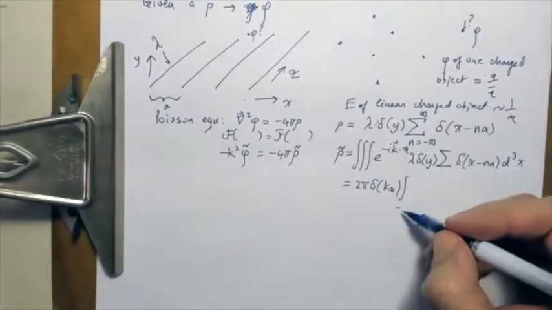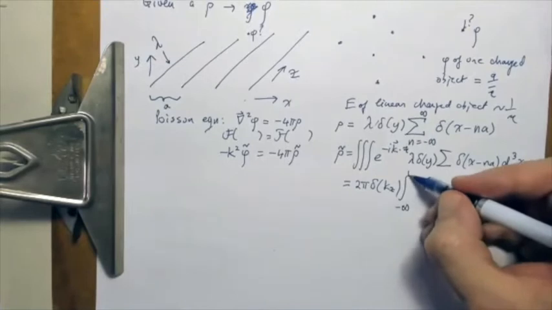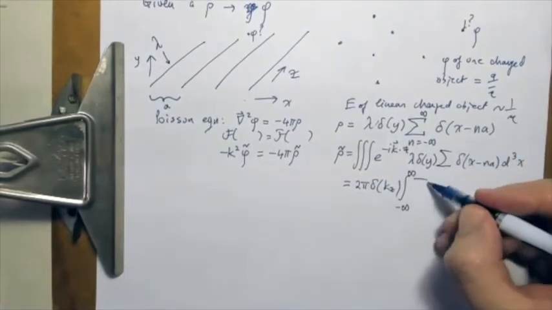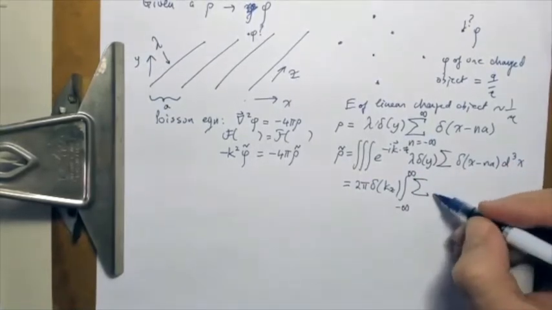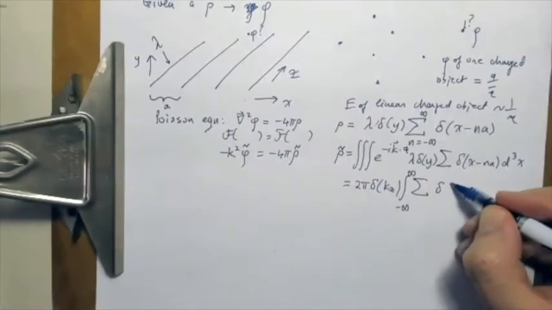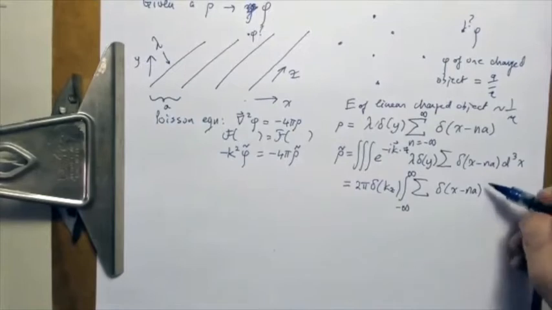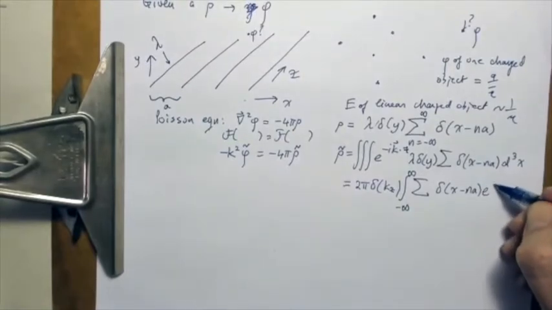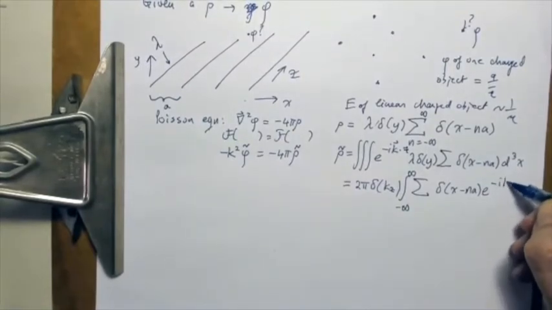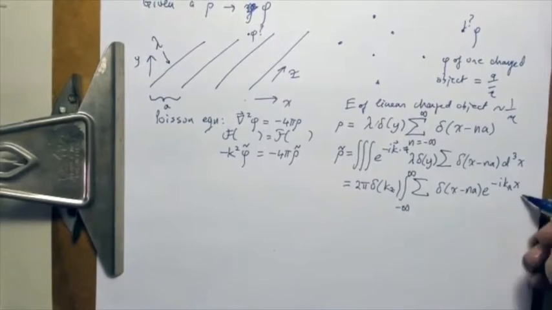So that's the integral of delta of x minus n a, times e to the power minus i k x x, dx.